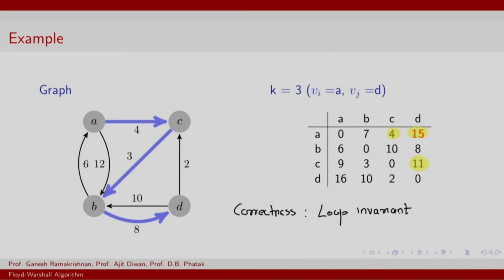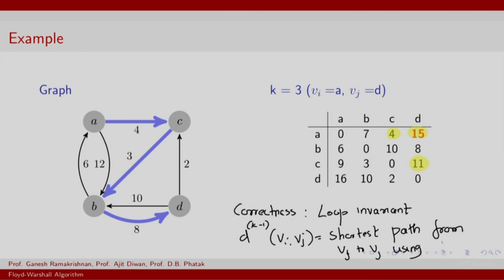We can show that the following loop invariant is initialized, maintained and holds at termination, which is what we started off with: d^(k-1)(vi, vj) is the shortest path from vi to vj using exactly one or more of the vertices 1 to k minus 1.